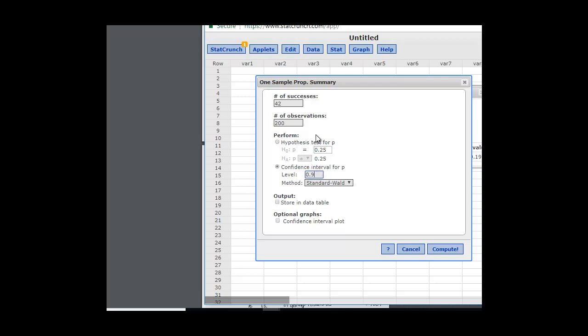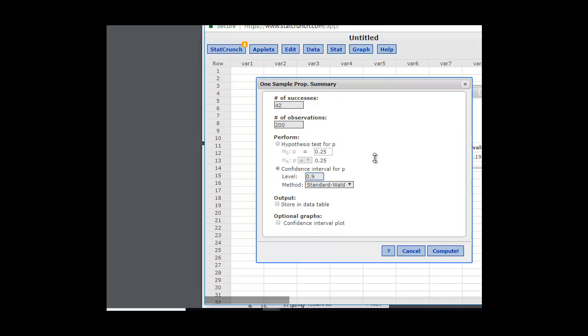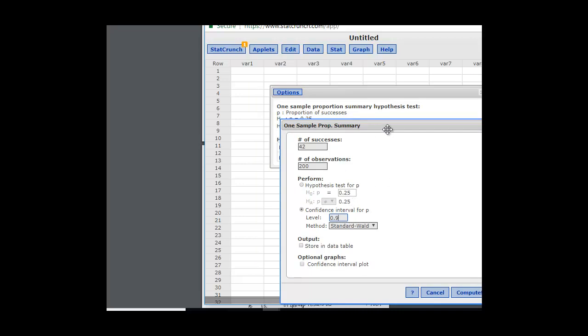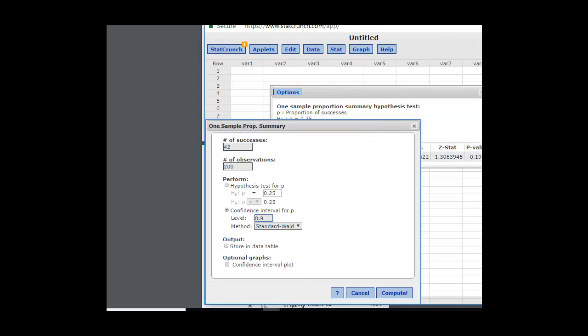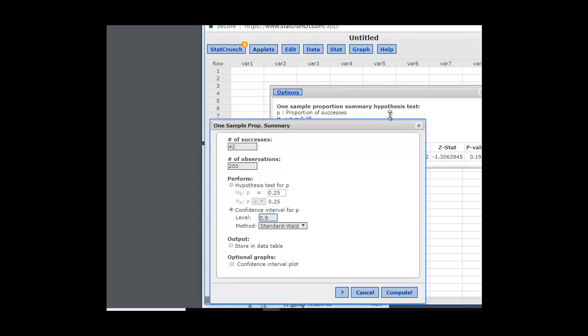I evaluated that when I looked at my test statistic and my p-value. I compared this p-value to what I knew was my 95% or 5% alpha. But here I need to put in the confidence interval for 0.9.